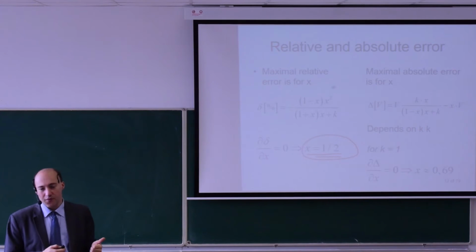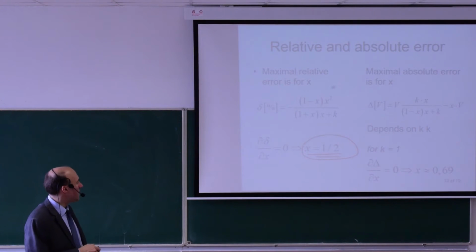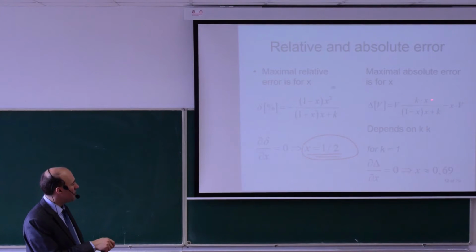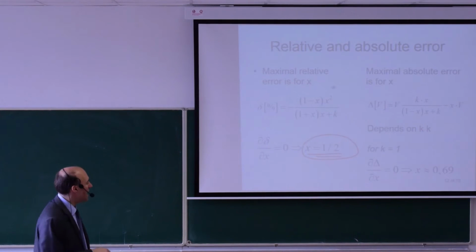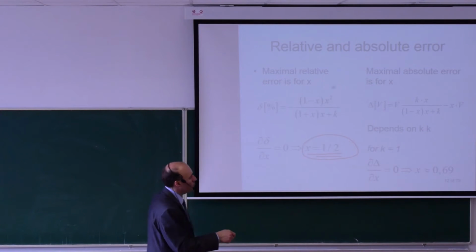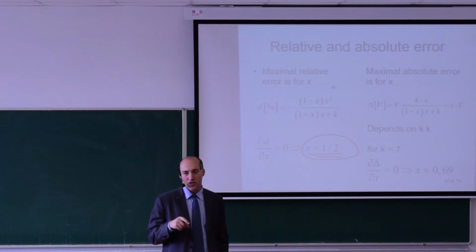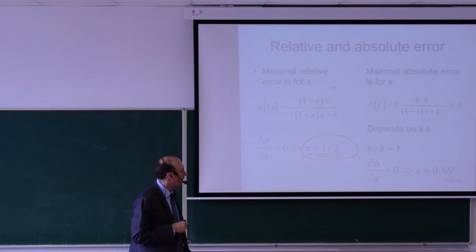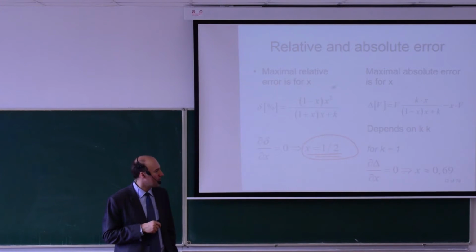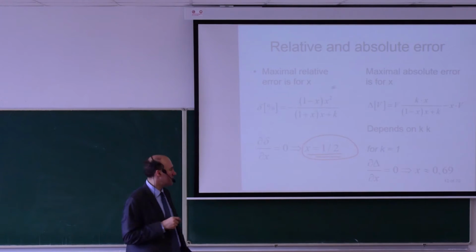We can do the same for the absolute error. So the absolute error here, you see it's the difference between the measured value and the correct value. And here you will find out that this depends on the value of K. So it depends on the value of the voltmeter resistance.